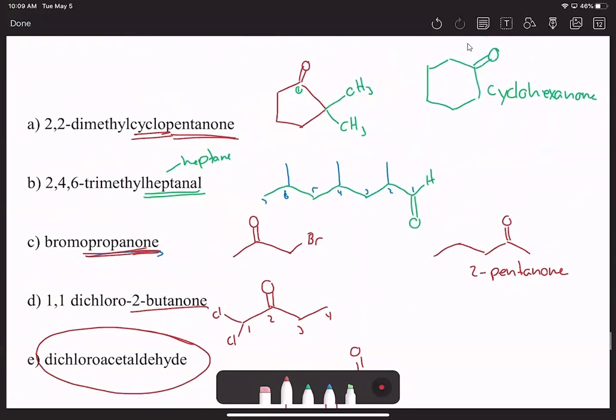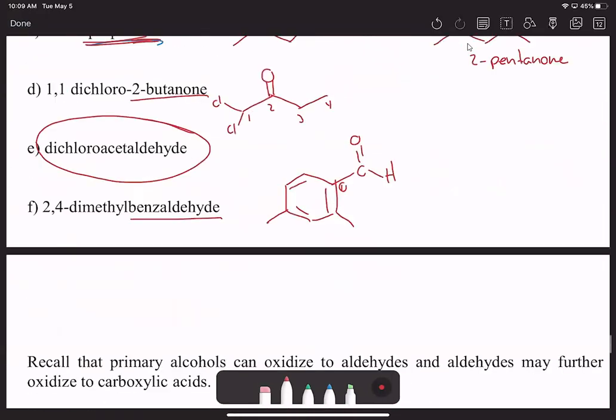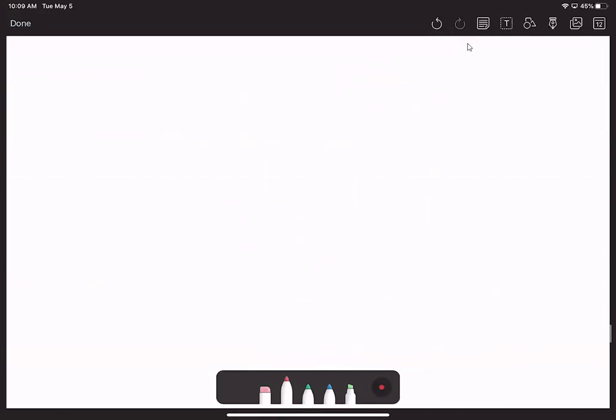So there are some other common names that we need to know. So these two prefixes here, acete and form. The prefix form is used for one carbon molecules.